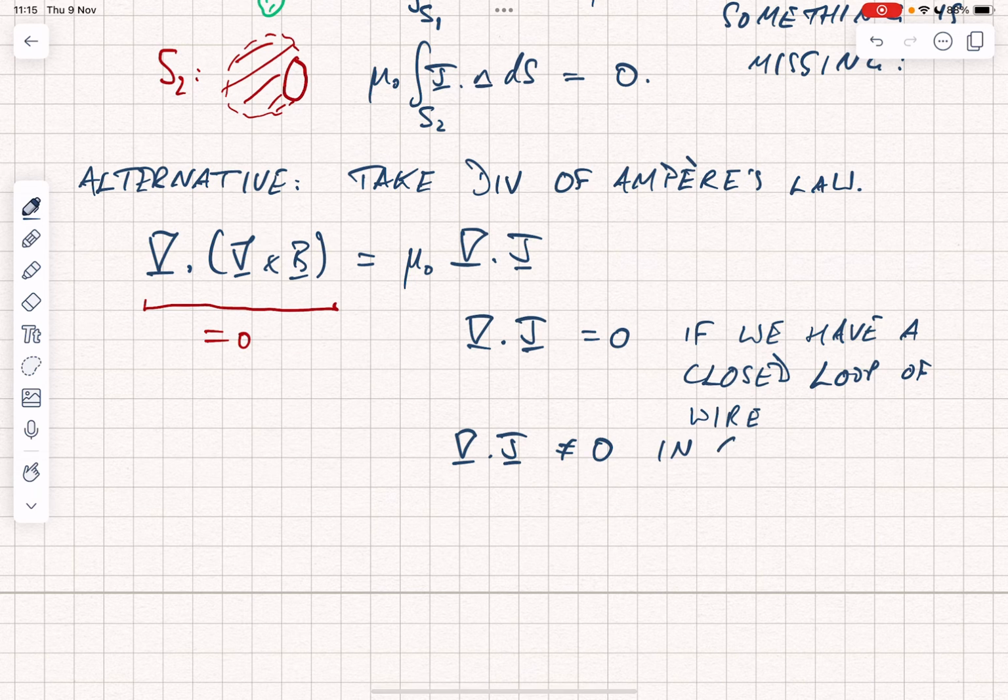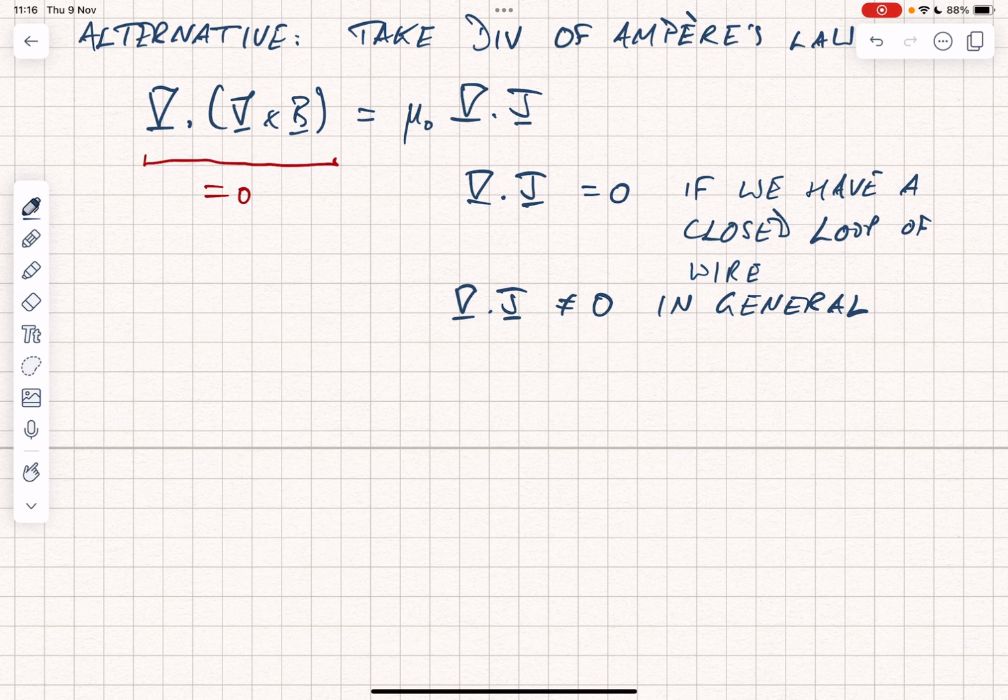So I'll write that as div j is not equal to 0 in general. And if you want to think about that, you can just think about taking an integral of the divergence of j. And so if div j is equal to 0, that implies that no charge is going to accumulate inside that little volume you're integrating over, because the current flowing in will equal the current flowing out. And we know from the capacitor example, amongst many other things, that charge can accumulate.